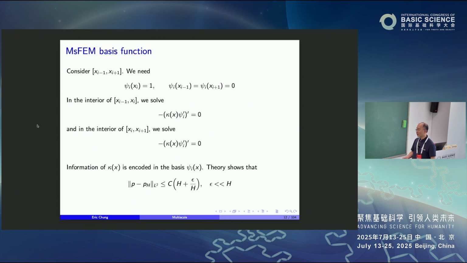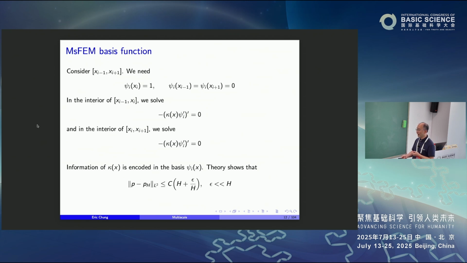According to the standard analysis, if you take this kind of basis function and represent the approximate solution as a linear combination of these bases, then you can show that the error between the true solution and the approximate solution is bounded by this quantity.